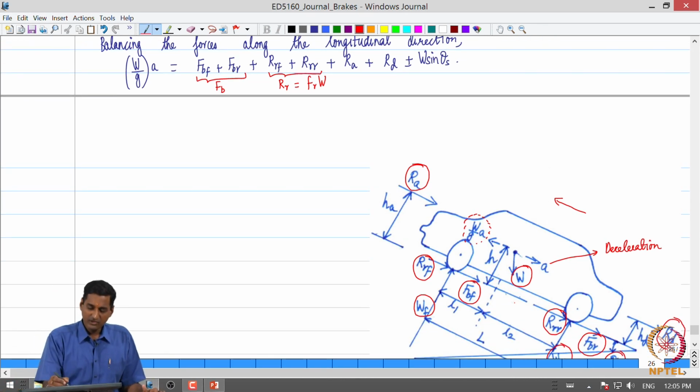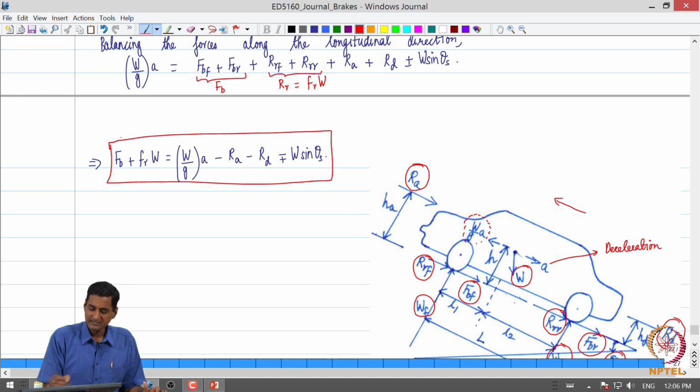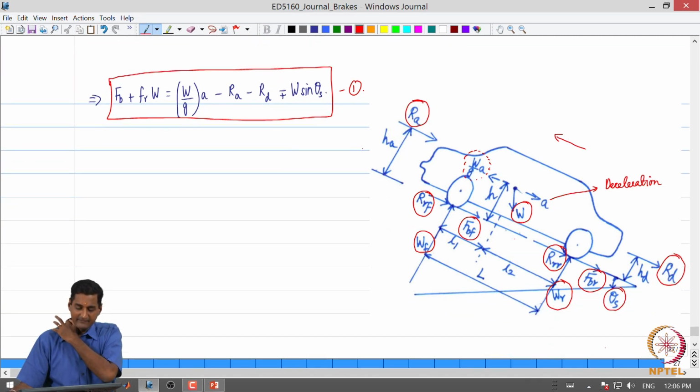Consequently, FB plus fR W is going to be equal to W by g A minus RA minus RD minus or plus W sin theta s. I am just rearranging the terms of this. Let us call this equation 1.